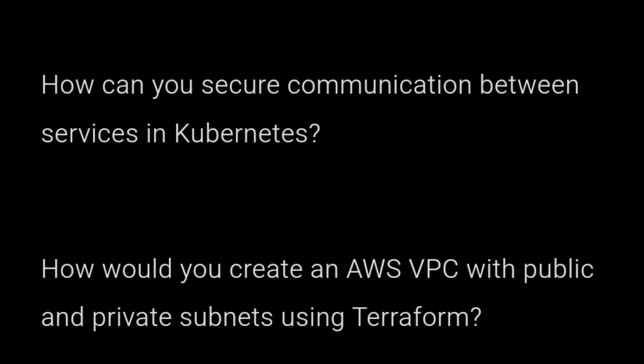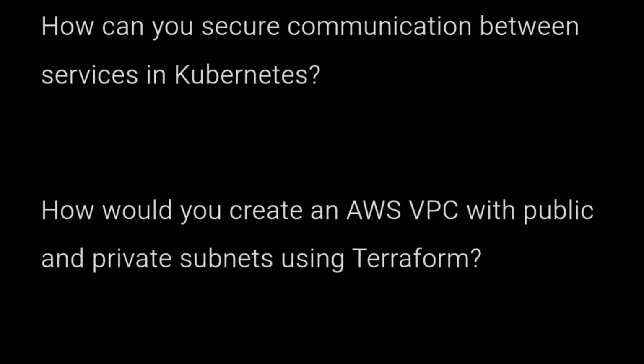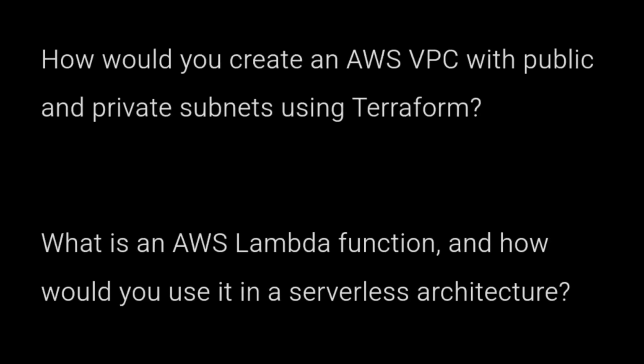We can enable path based or host based routing, and we can use HTTPS connections, and we can use load balancing and traffic control across the multiple backend services. That is how we can secure communication between the services within Kubernetes.